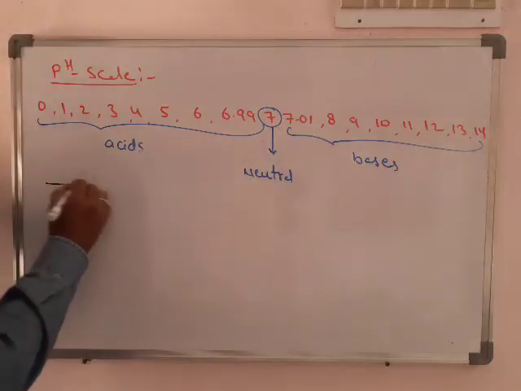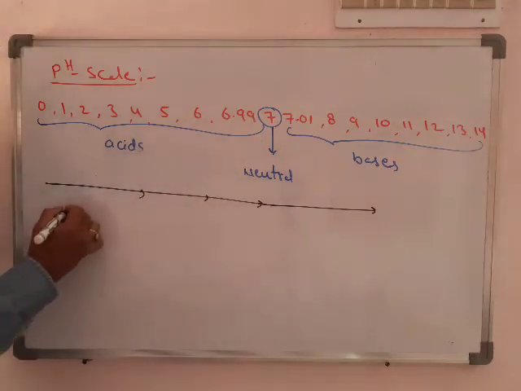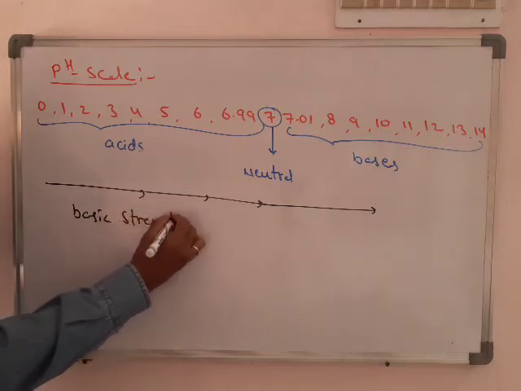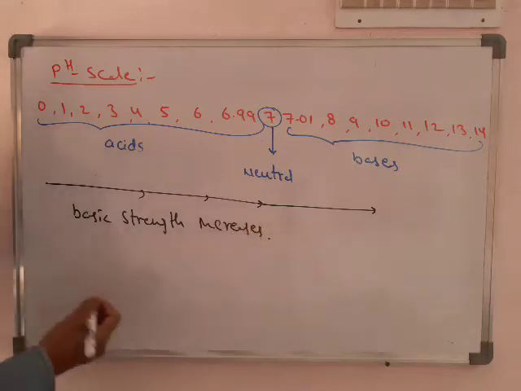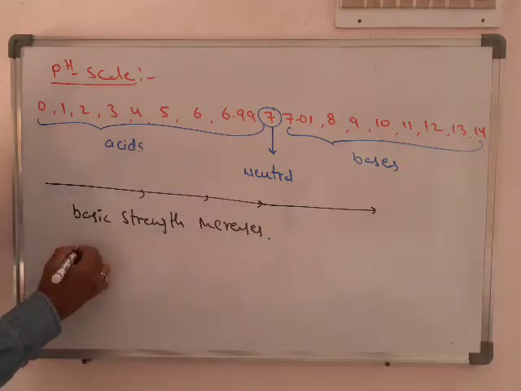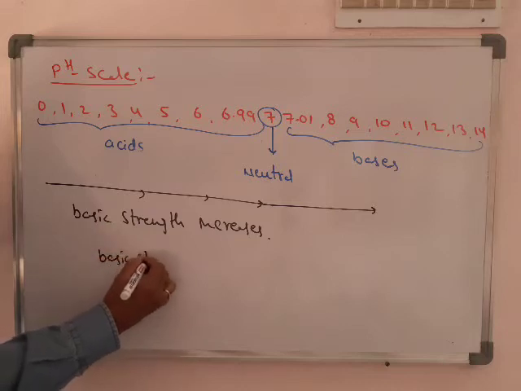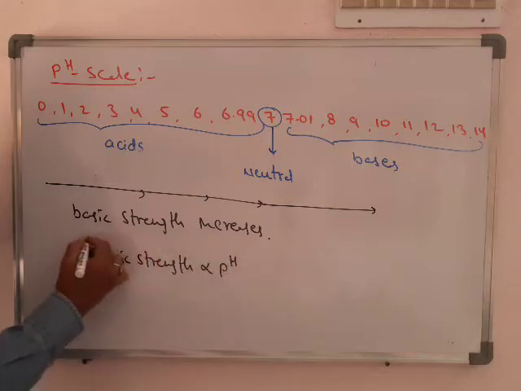Here you can say from left to right, basic strength increases. And here we can write pH value, and write basic strength is directly proportional to pH.